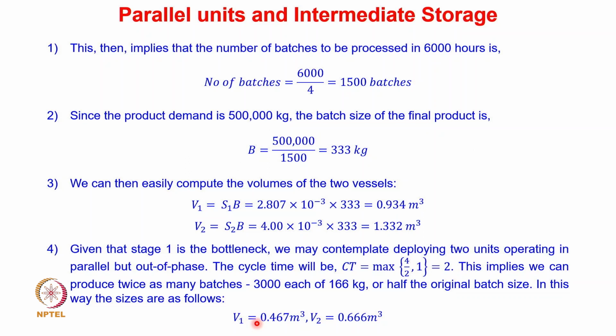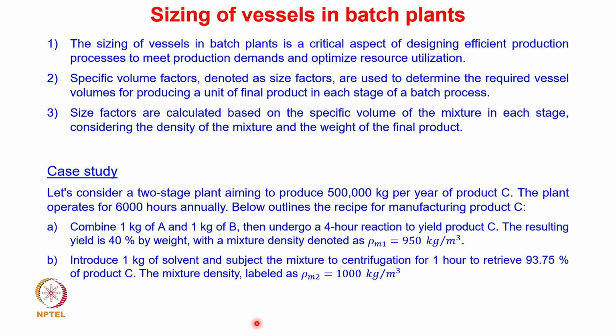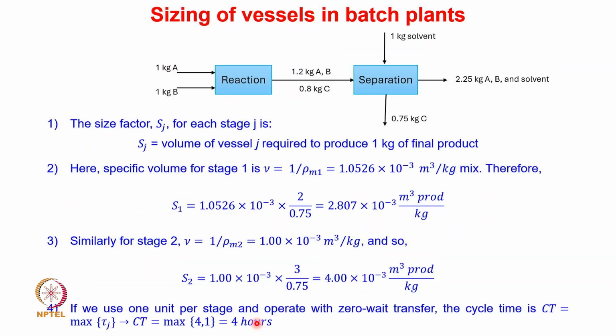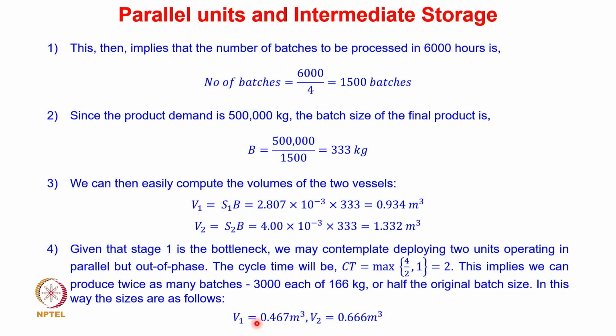Now in the problem we want to operate for 6,000 hours, so how many batches can we produce? 6,000 divided by 4, so 1,500 batches. The total amount of production is 5 lakh kg.